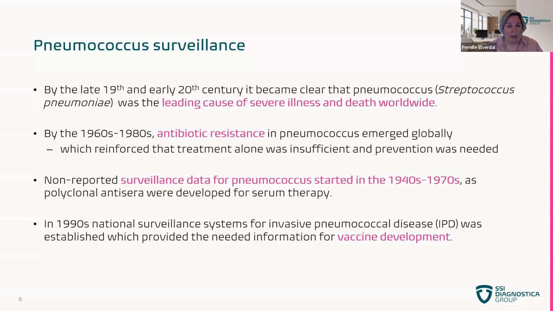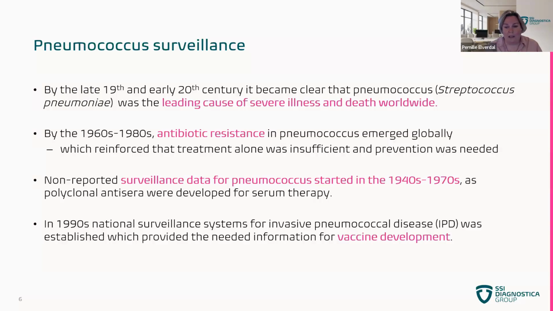Because we had these monoclonal antisera when using the antisera for treatment, non-reported surveillance data was actually collected already back in the 1940s and up to the 1970s. So a lot of data was already available on pneumococcus.